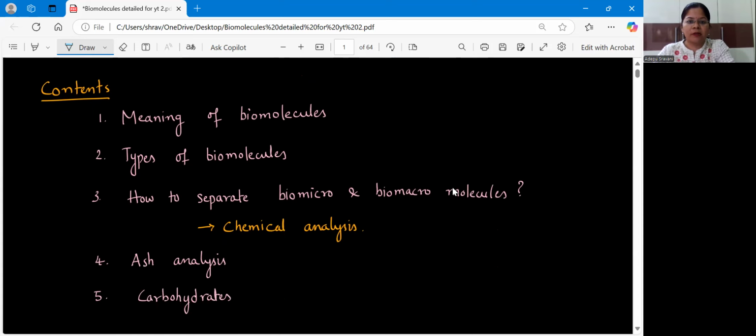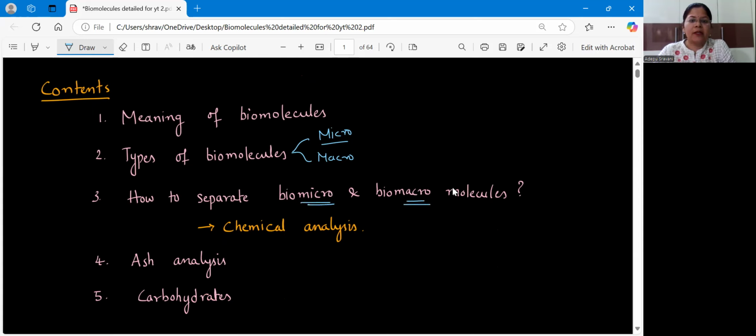Then we'll talk about the types of biomolecules. Basically, we have 2 types, biomicromolecules and biomacromolecules. On what basis we have classified these biomolecules, that we'll be discussing here. And then we'll be talking about how we have separated the biomolecules into micro and macromolecules.